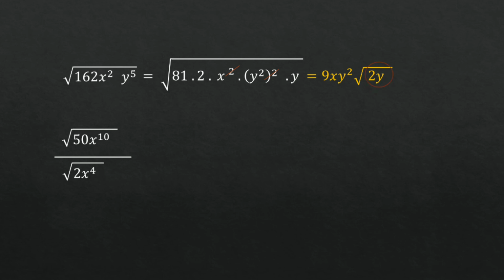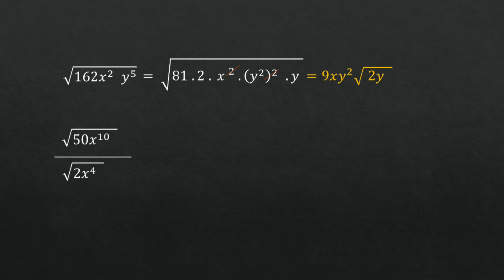And for our next example, we have square root of 50x raised to the power of 10 over square root of 2x to the fourth power. So here we will apply the law of quotient. So in division of exponent, we just subtract the exponent.